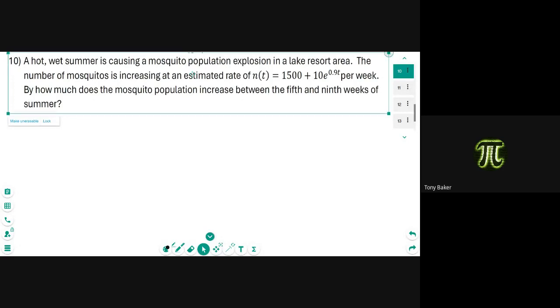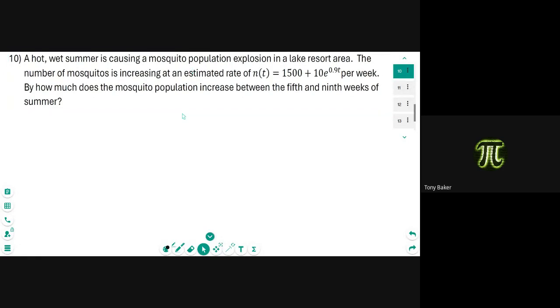There we go. Your mosquito problem, the simplest problem to do on the thing. It's just take the integral of this between the weeks they gave you.